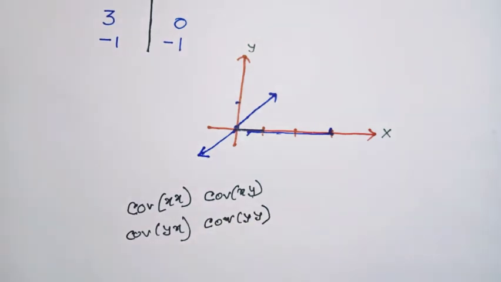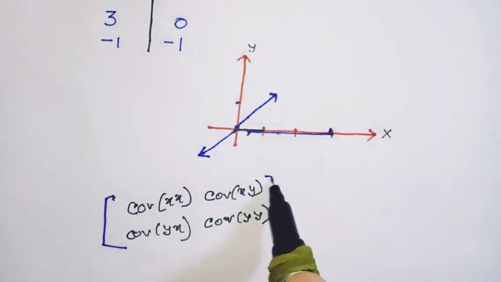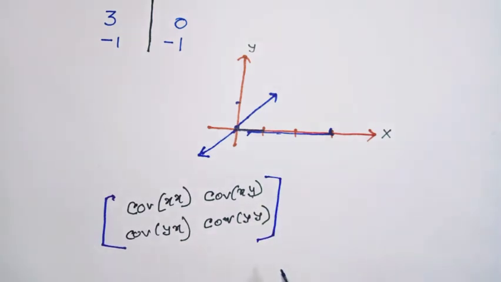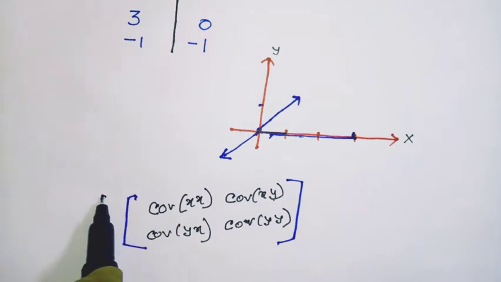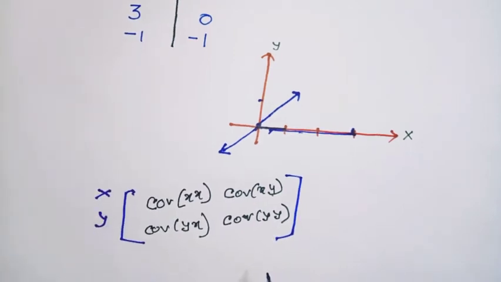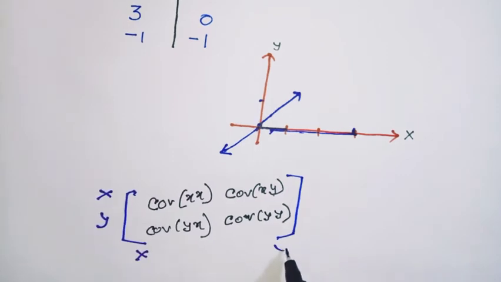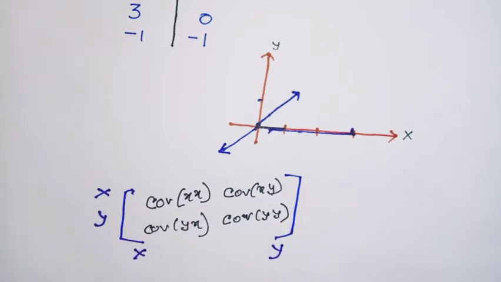We are going to put this in matrix form, and I can mention x and y in this part, and also in this part, x and y, right?